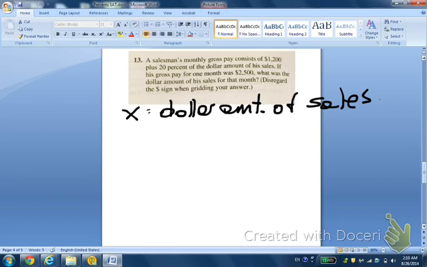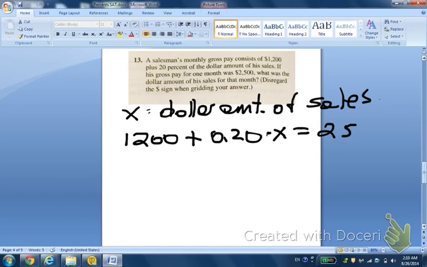The easiest way to look at this problem is to solve it algebraically. Basically translate the information into an equation. And we can do that by saying that the gross pay, which is 1,200 plus 20%, we can write that as a decimal, 0.20 of his sales times X is equal to 2,500.